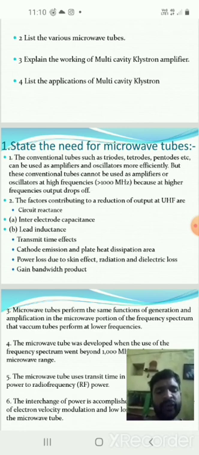That means microwave tubes handle microwave signals above 1 GHz, or ultra high frequencies.